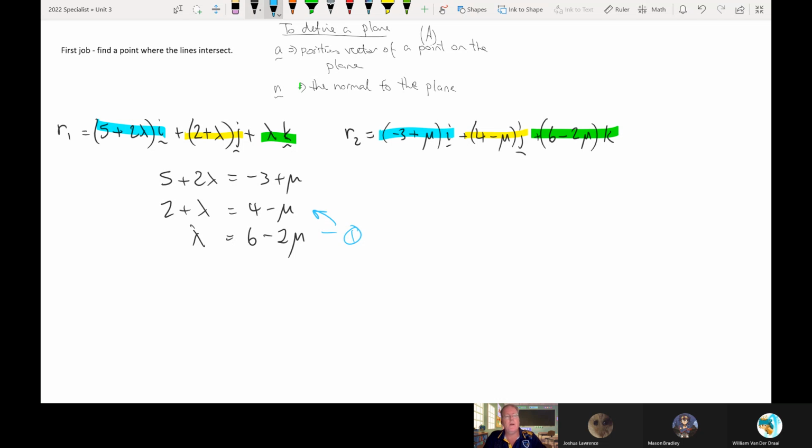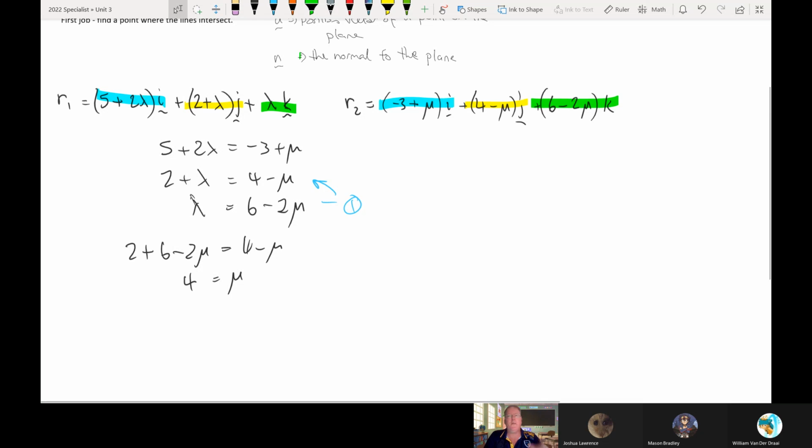So I'm going to have 2 plus 6 minus 2 mu equals 4 minus mu. The beauty of this is it's already rearranged and I can substitute it in. So that's 8 minus 4 is 4 equals minus mu plus 2 mu, which is mu. So mu is 4.